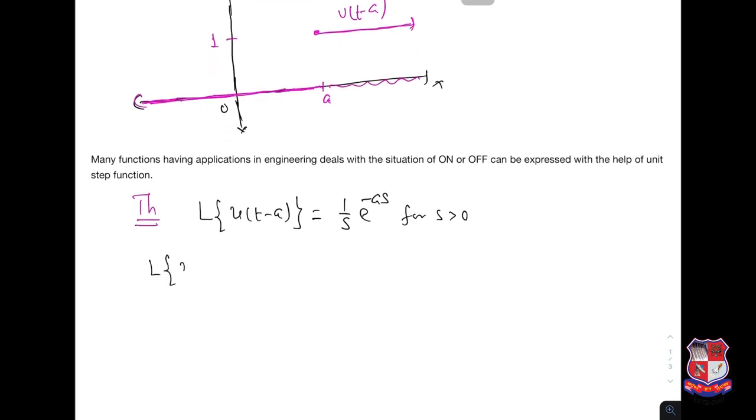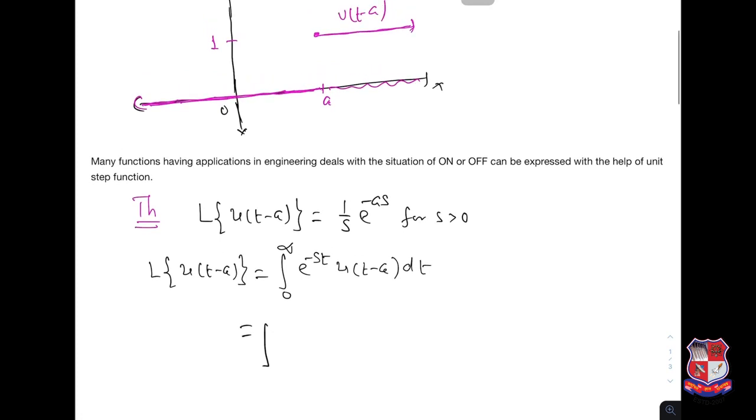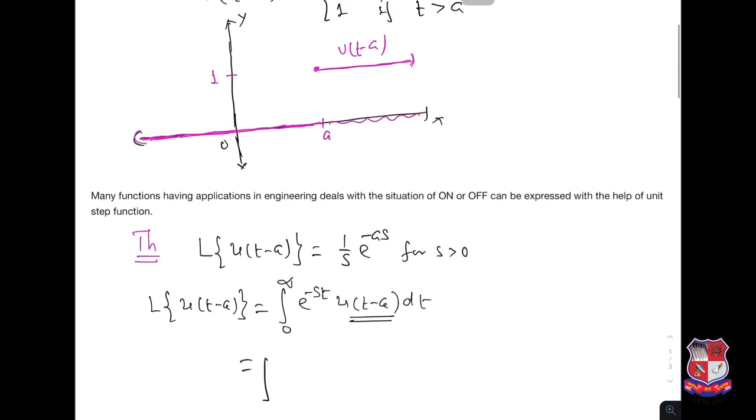Laplace transformation of u of t minus a is, by definition, integration 0 to infinity e power minus st u of t minus a dt. Now this function has value 0 when t less than a, 1 when t greater than a.